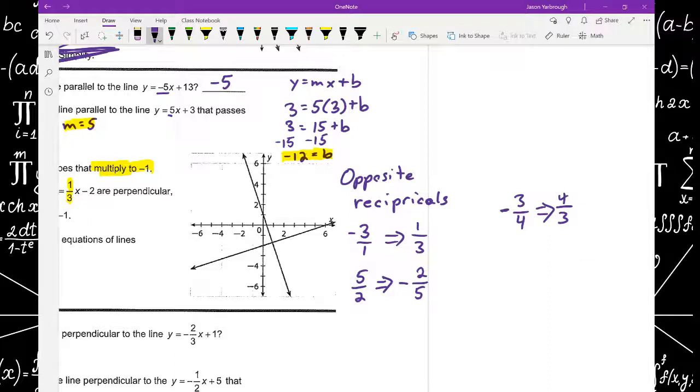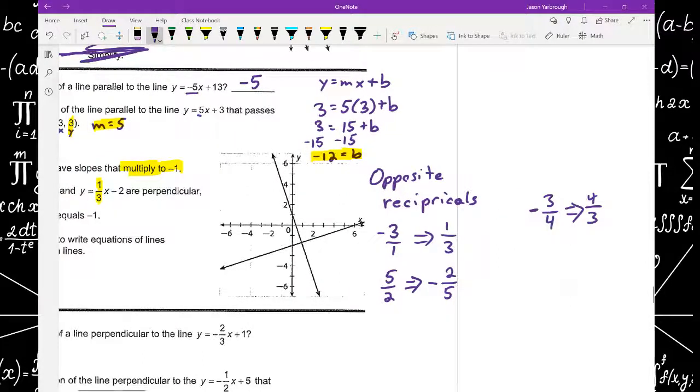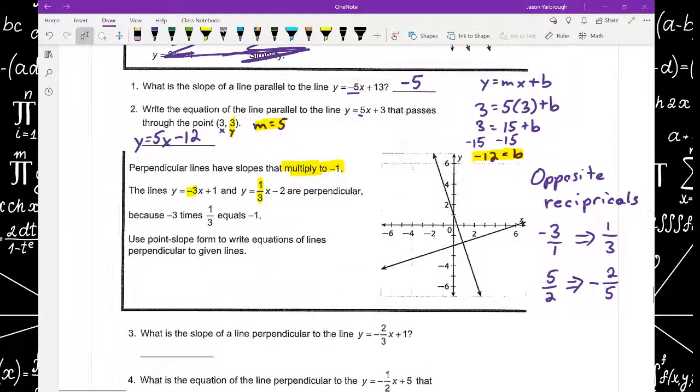Now the only other one that you might get tricked up with is whenever we end up getting an equation where the slope is 0. So if you have 0, it's not necessarily opposite reciprocal, but whenever you do it, the one that's perpendicular has a slope that's undefined. Alright, and it works vice versa.